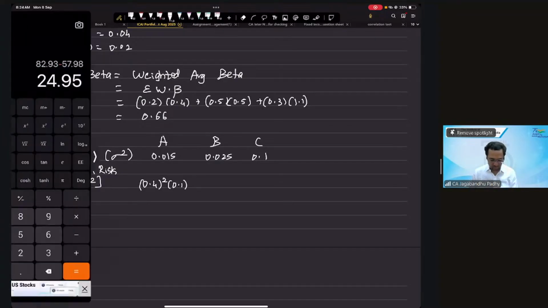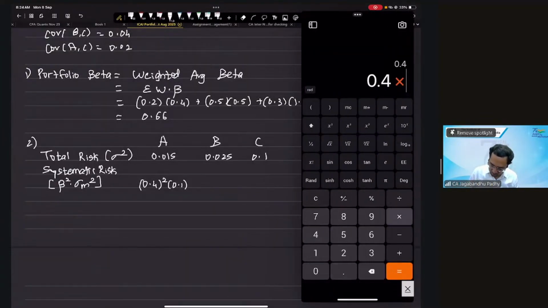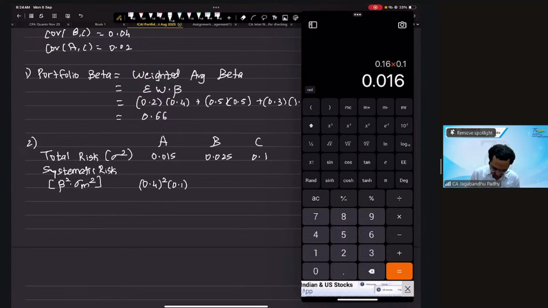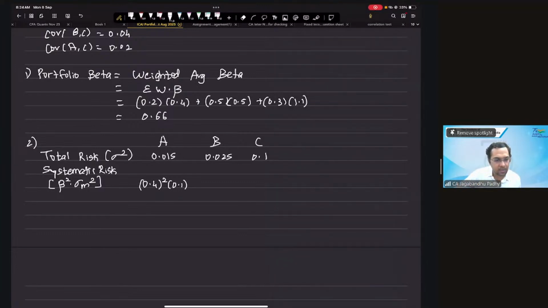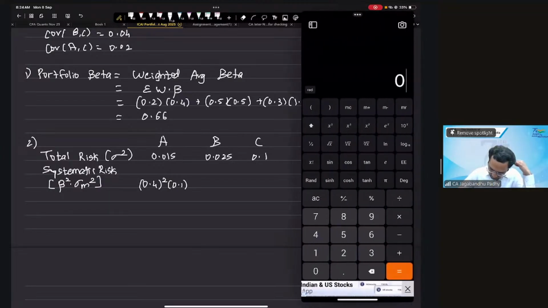So what's the systematic risk number? 0.4 square into 0.1, which is 0.016.